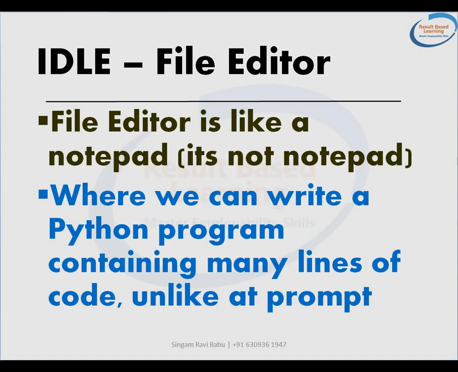Now using IDLE we can go to the file editor. The file editor is like a notepad. It is not a notepad, but it is like a notepad. Now when we open the file editor, we can write a Python program containing many lines of code, unlike at the prompt where we have to write only one line.